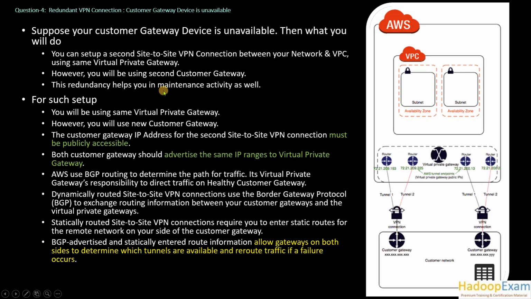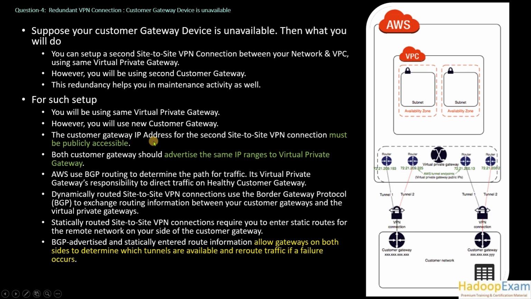The redundancy helps you in maintenance activity as well. Suppose you want to do some maintenance activity, you bring down this customer gateway and route the traffic via the second customer gateway. Once you do maintenance on this, you route the traffic via this again. You will be using the same virtual private gateway as we discussed, however you will be using the new customer gateway, so there's a second customer gateway.